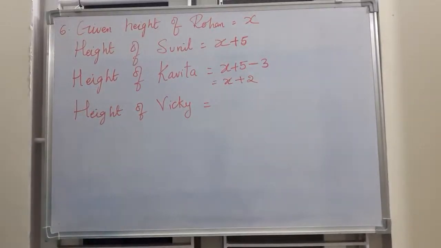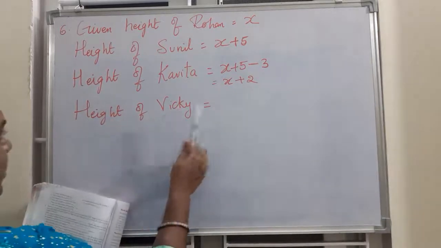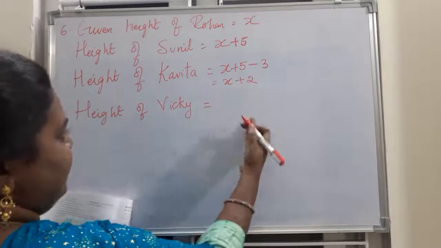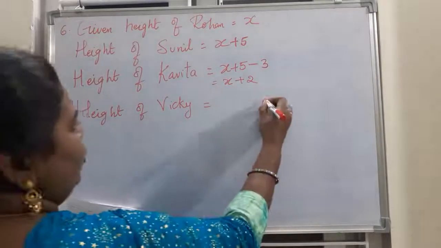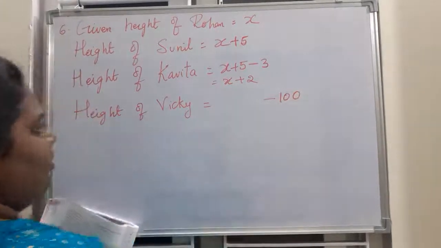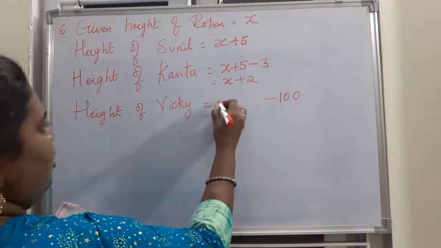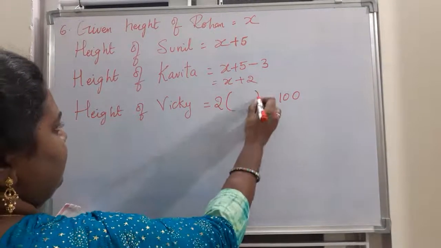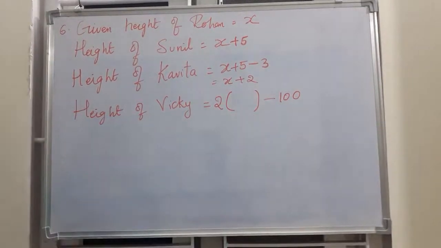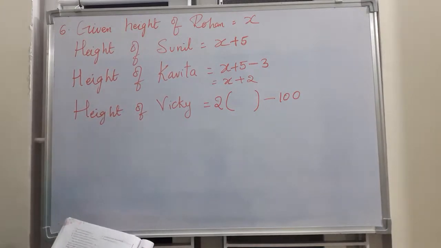In whose height is Vicky being compared? Sunil's height. Vicky is 100 centimeters less than, which means subtraction. So you have to subtract 100. From what do you have to subtract? Twice. Twice means 2 times, children. So twice the height of Sunil.